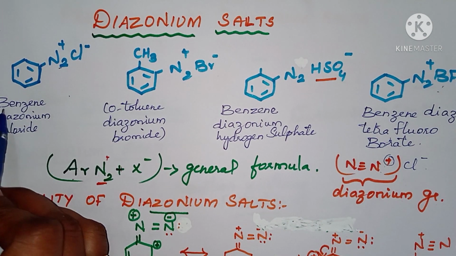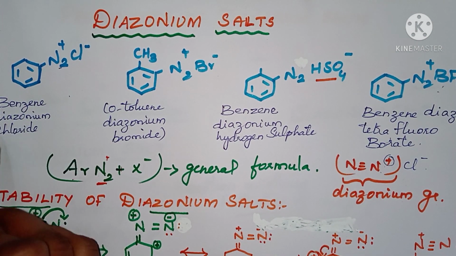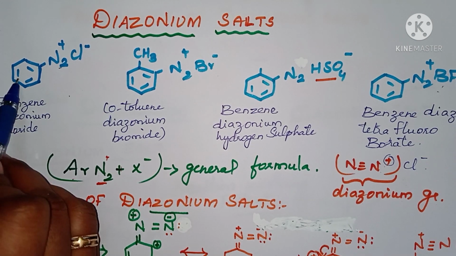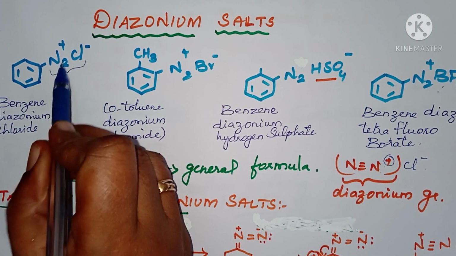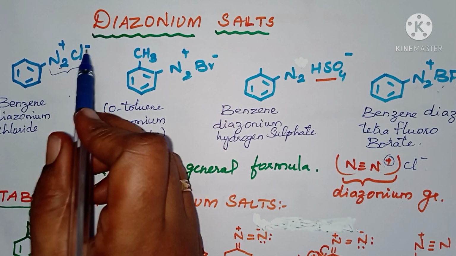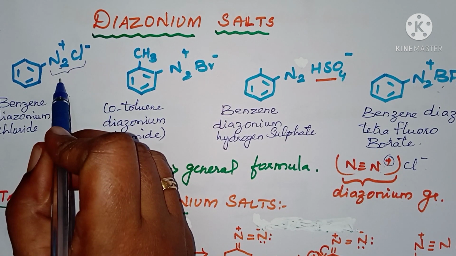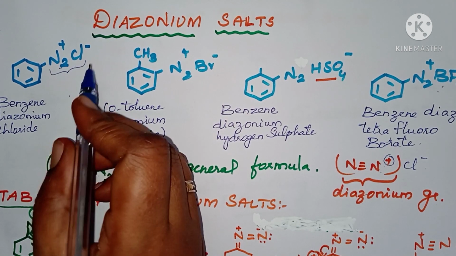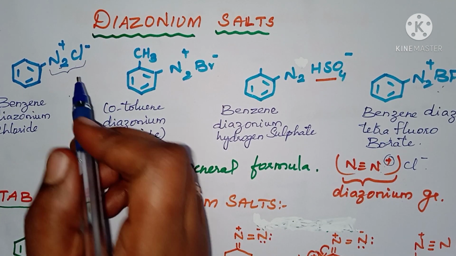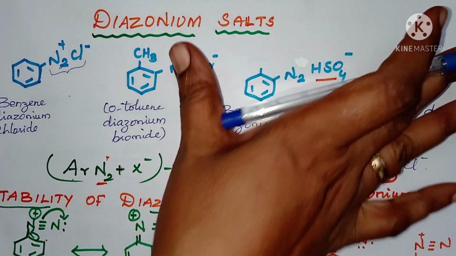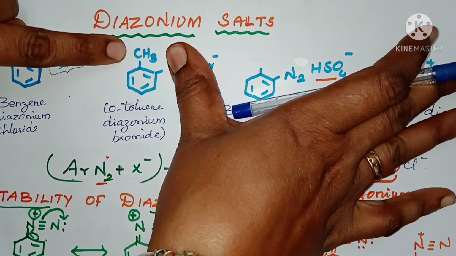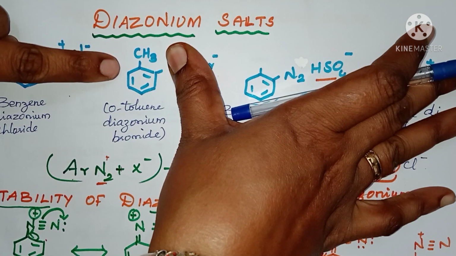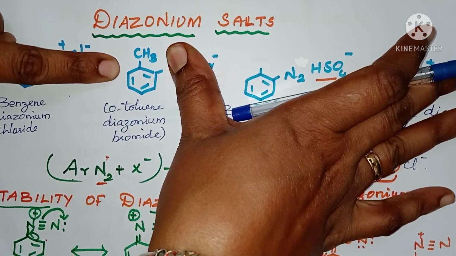Okay, let us discuss this. Benzene diazonium chloride. So benzene ring is attached with the diazonium group, N2 plus Cl minus. Remember that N2Cl means that is a diazo group. Second one, toluene. Methyl group attached with benzene ring is called toluene.